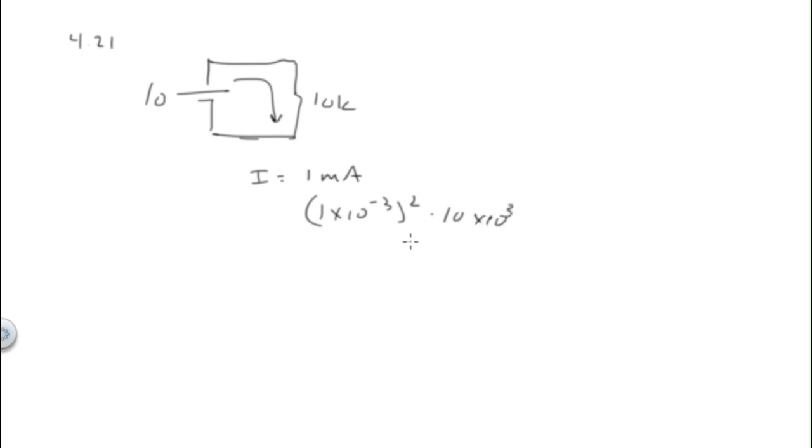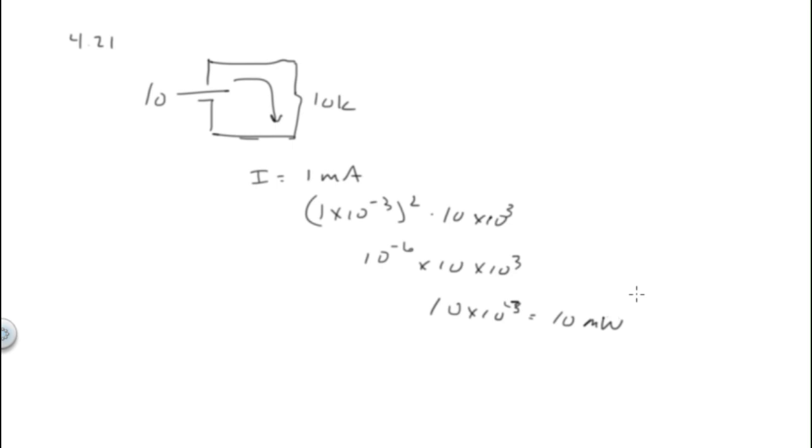So this is 10 to the minus sixth times 10 times 10 to the third. I get 10 times 10 to the minus 3, which would be 10 milliwatts, not amps, but milliwatts. So that gives me my answer for 421, okay? That's the answer to 421.